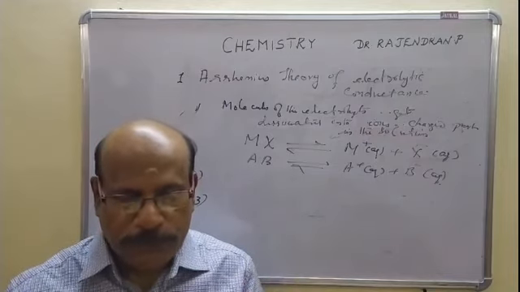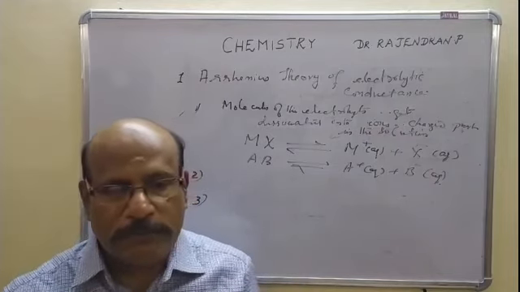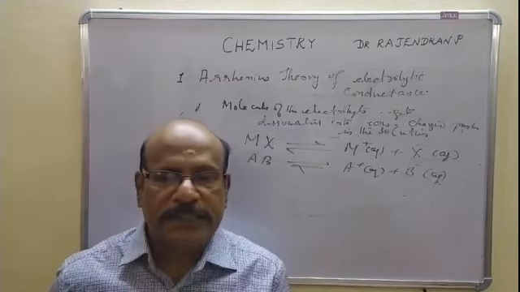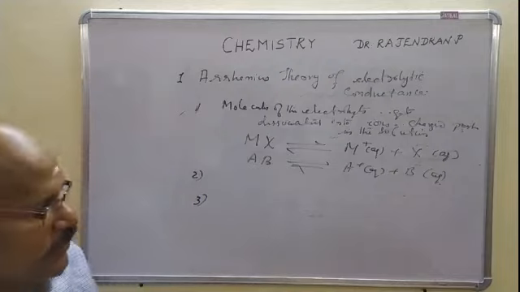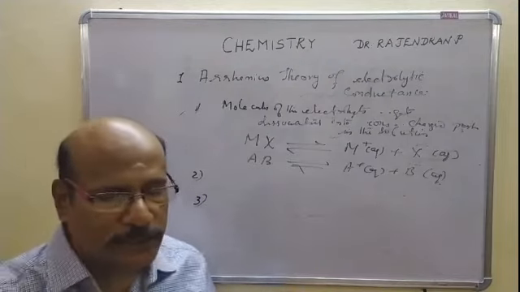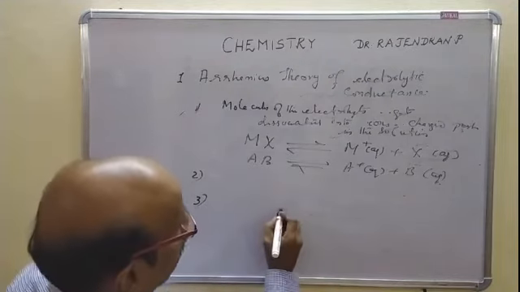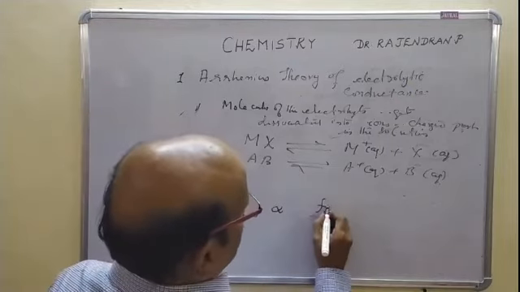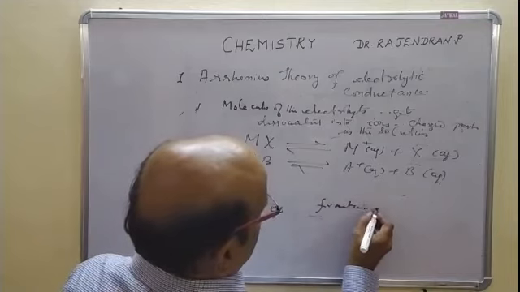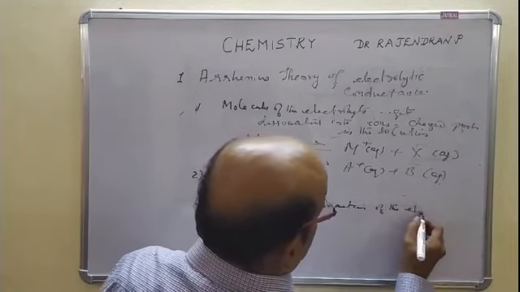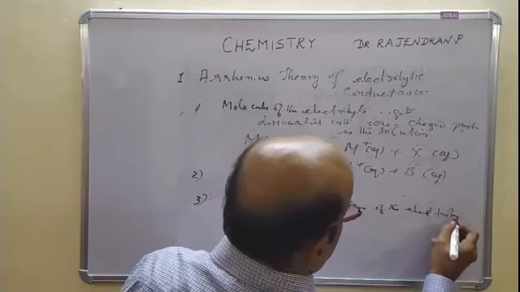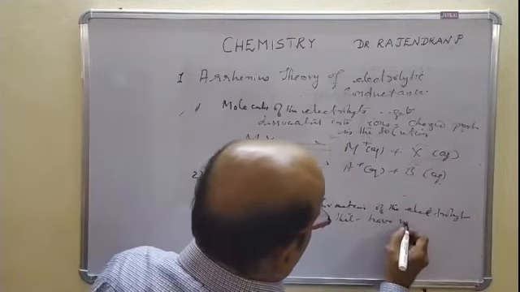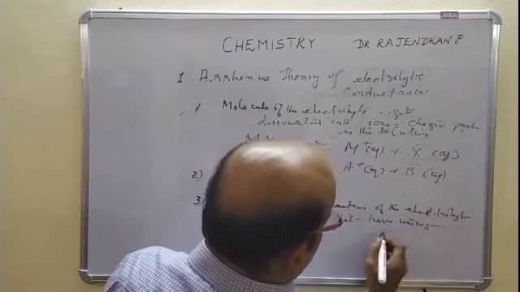So the fraction of the total number of molecules that has undergone dissociation is called the degree of dissociation. So he introduced a concept called degree of dissociation, alpha, which is defined as the fraction of the total amount of the electrolyte that has undergone dissociation.